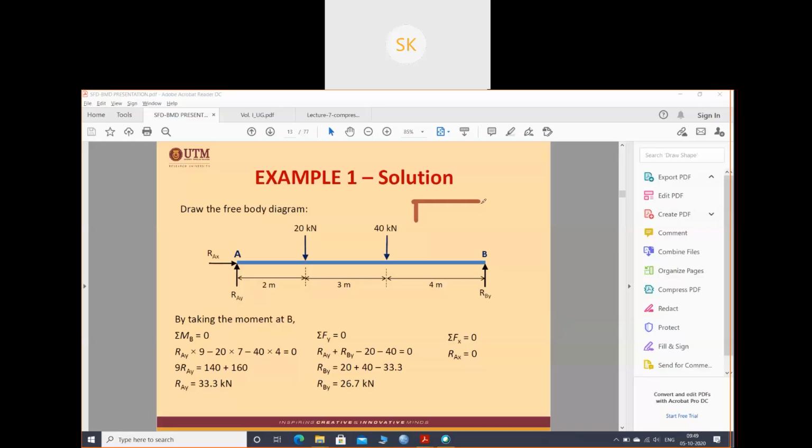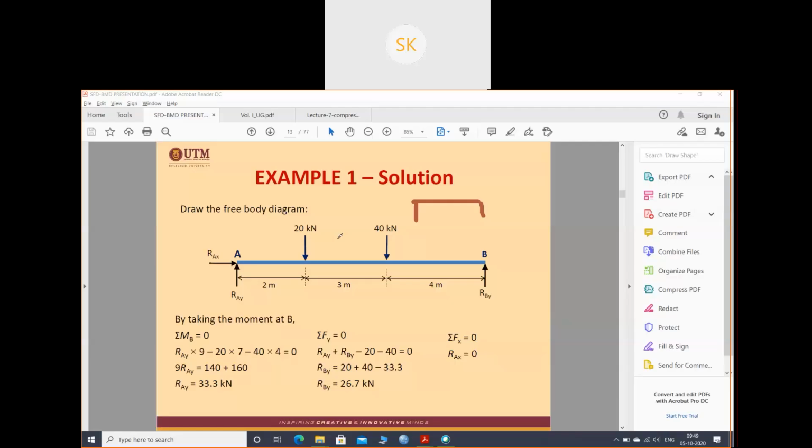There will be different types of load. Suppose this is a simple beam, and these are the loads. These are the uniaxial loads, the simple loads. The unit of this load will be kilonewton only.